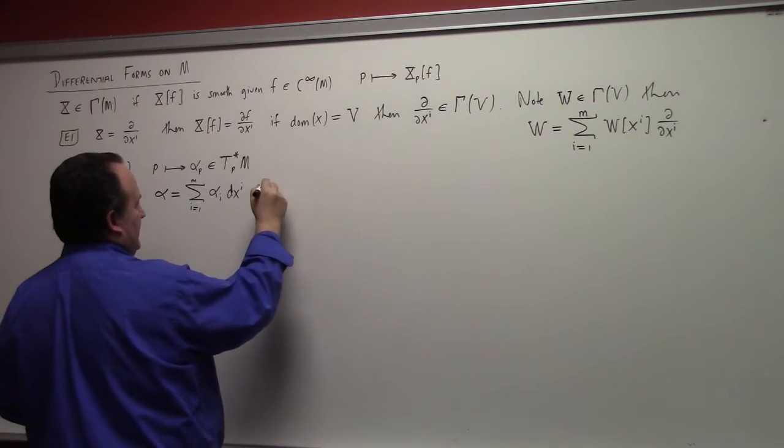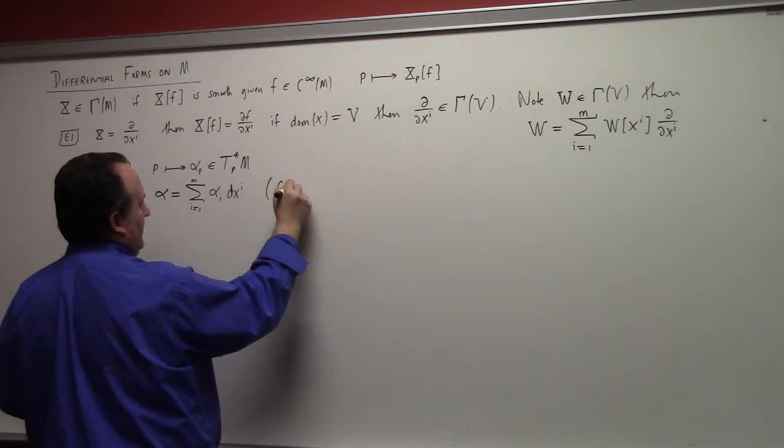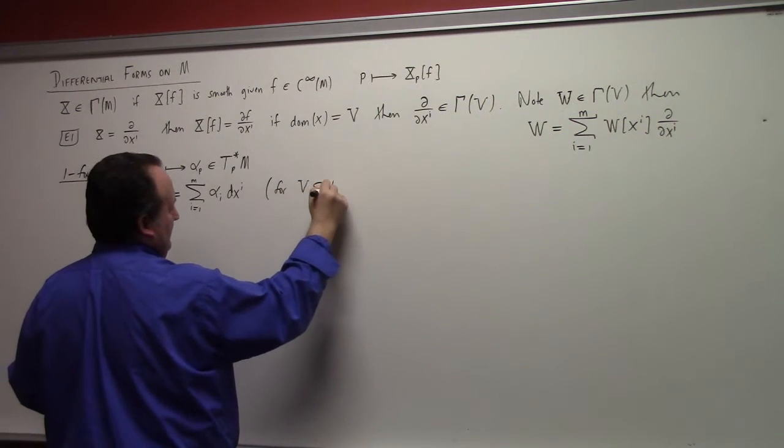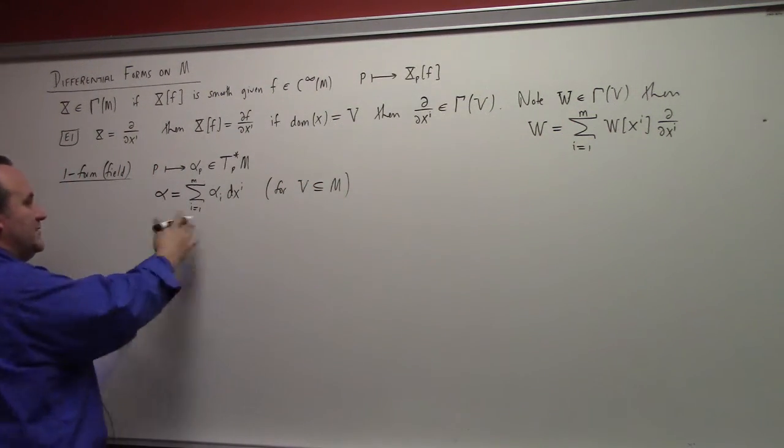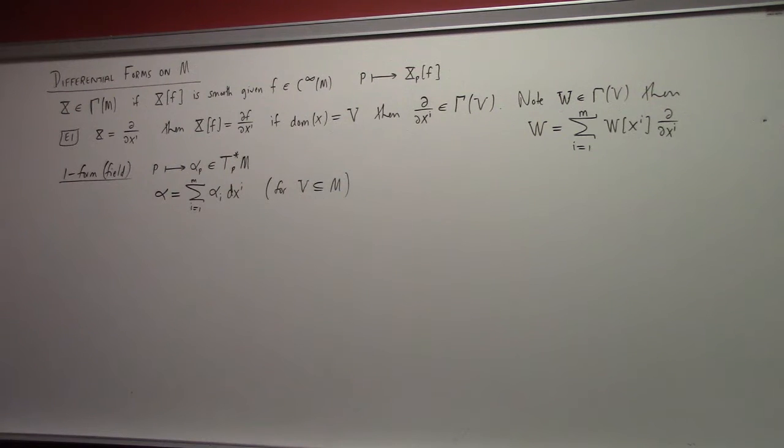Of course, this is really only good for V, a subset of M. It locally can be written like that in terms of a coordinate chart. And now, what are the alpha sub i's?